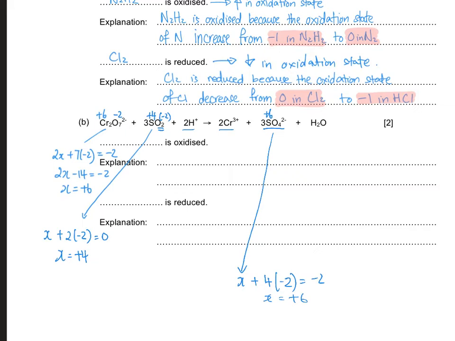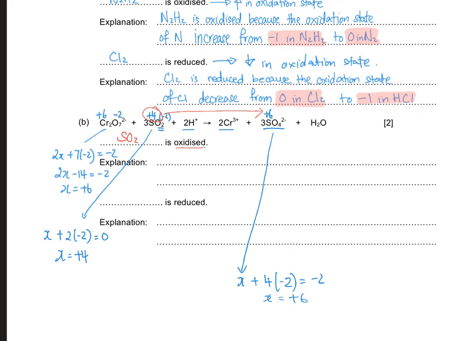From here, we can see which is oxidized and reduced. Remember, in order for it to be oxidized, the oxidation state must go up. So which oxidation state went up? It is from positive 4 to positive 6. The oxidation state of sulfur went up. So what is oxidized?